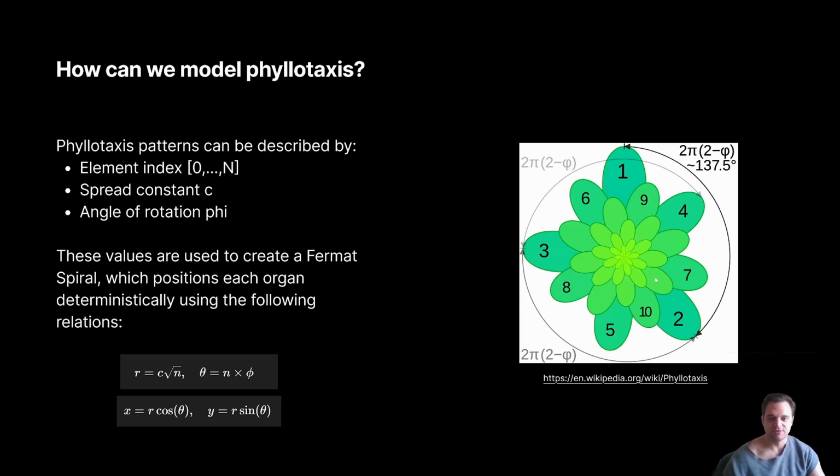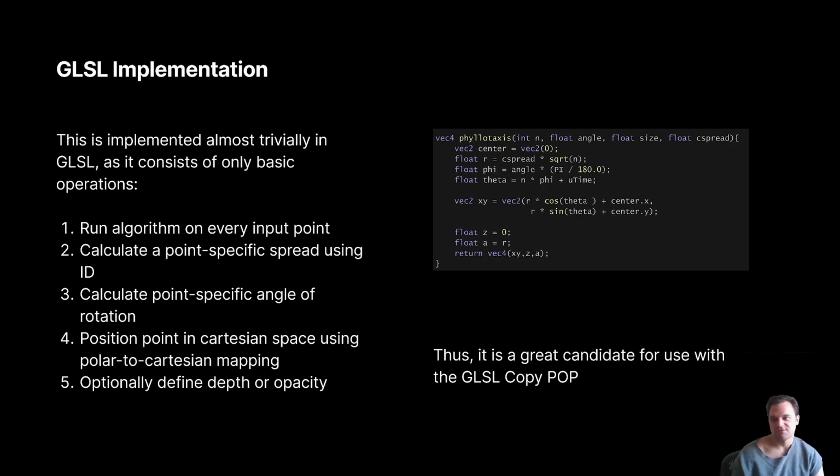So we are essentially building this up element by element and placing each element based on properties that are either shared among all elements or unique to that element specifically, which, along with the nicely parallelizable functions that comprise those relations, makes it very easy to implement in GLSL.